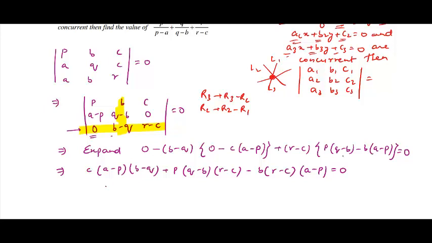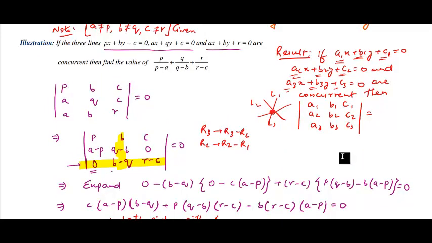And now we divide both sides. See, I wanted in the denominator p minus a, q minus b, r minus c.